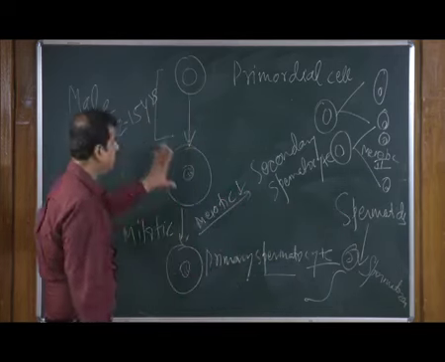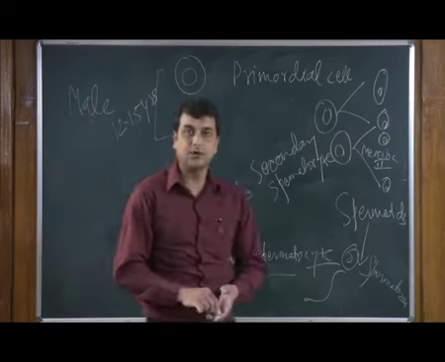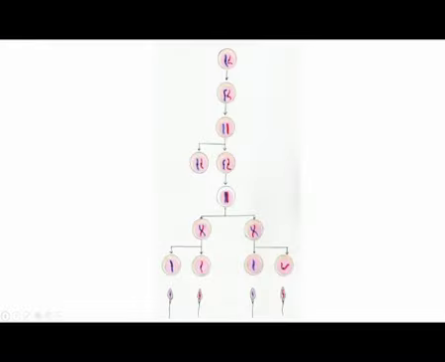So, we will try to see this whole picture in the form of a diagrammatic representation in our slides. So, if you see in the slides, so this is the complete picture of the division taking place inside the spermatogonial cell and all. So, the first cell what is here is called primordial cell. So, primordial cells are there, and this primordial cells are getting migrated in testes in the form of spermatogonial cell.